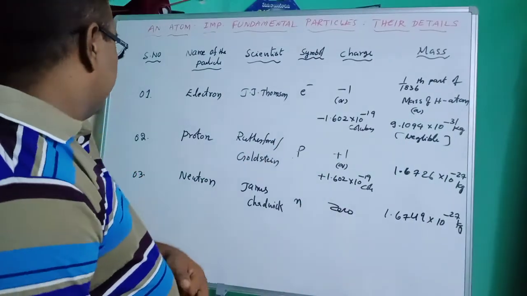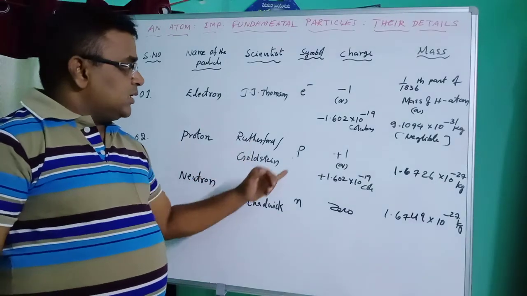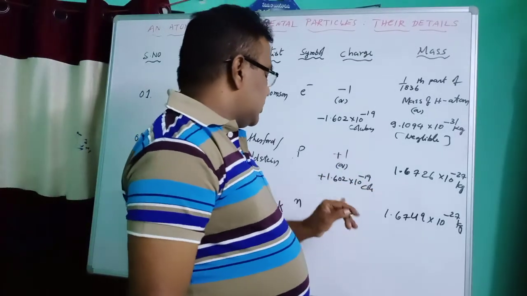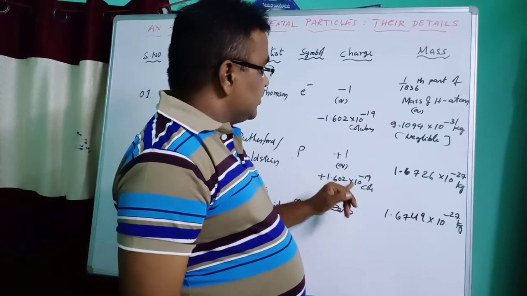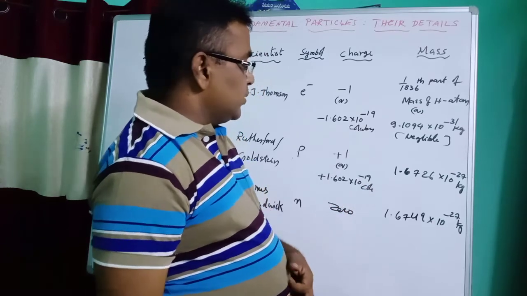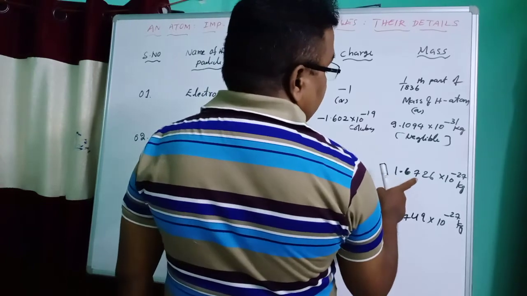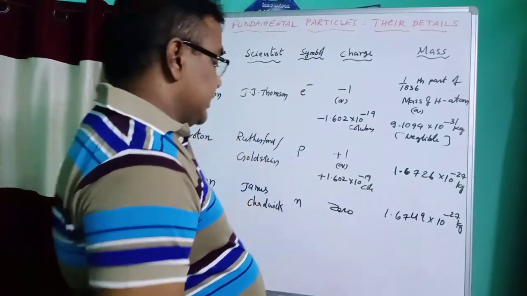So it is negligible. Second one, proton: Rutherford or Goldstein. Symbol is P, 1 unit positive charge, that means positive charge of 1.602 into 10 power minus 19 coulombs. The mass of the proton is 1.6726 into 10 power minus 27 kgs.